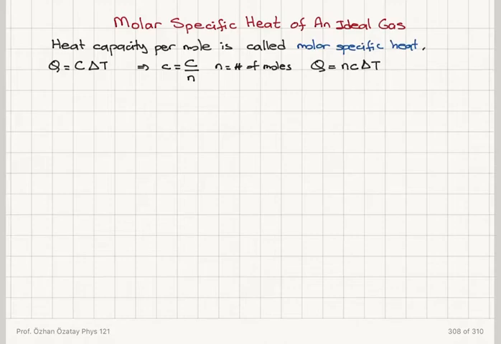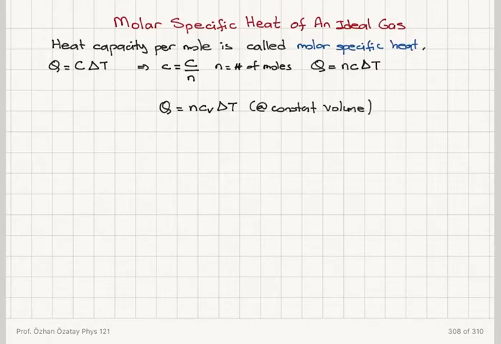However, in gases we have to distinguish between molar specific heat for a constant volume process and for a constant pressure process. So we have two versions of this equation. Q is equal to N Cv delta T. This is at constant volume.